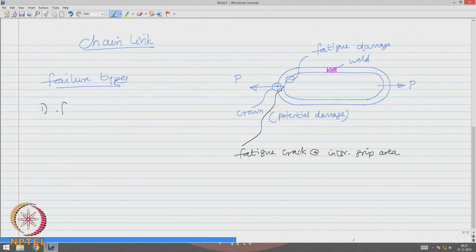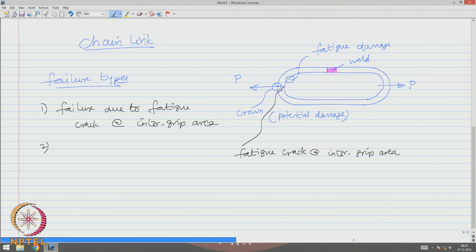So, there can be failure due to fatigue crack occurring at the intergrip area.